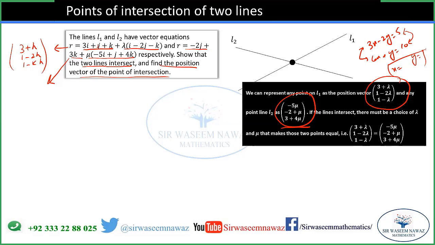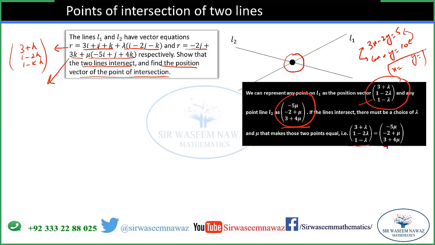Now, we have to show that these two lines intersect. What is the method in vectors to show whether two lines are intersecting or not? If they are intersecting, then there must be some common point between these two lines. So the same strategy, we just equate them.